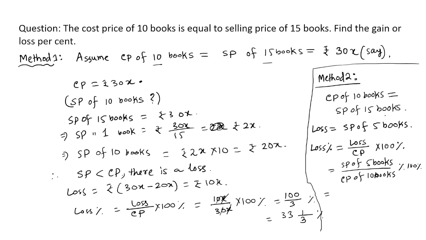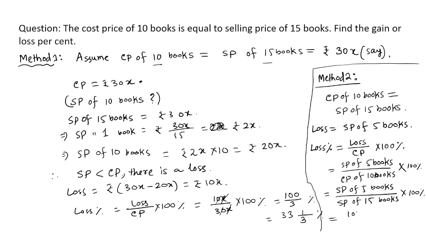So if I replace CP of 10 books by SP of 15 books, I get SP of 5 books divided by SP of 15 books, which is nothing but 5 by 15, that is 1/3.